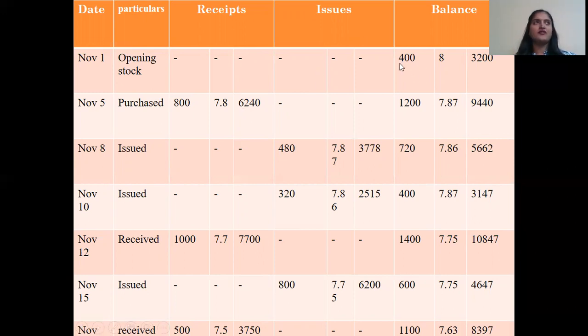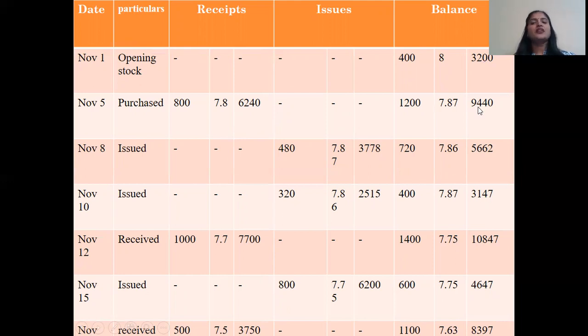Already we have a balance of 400 and you have purchased 800, so the total is 1,200. 400 plus 800 is 1,200, and 3,200 plus 6,240 is 9,440.